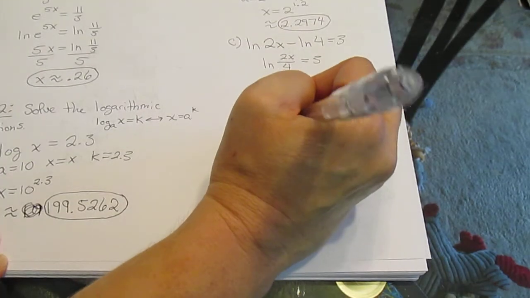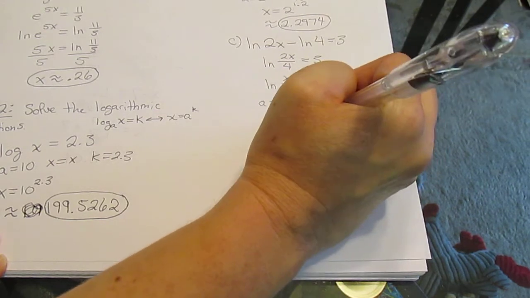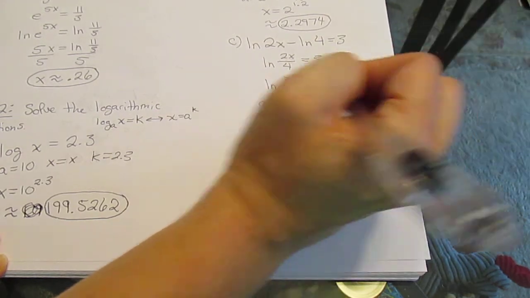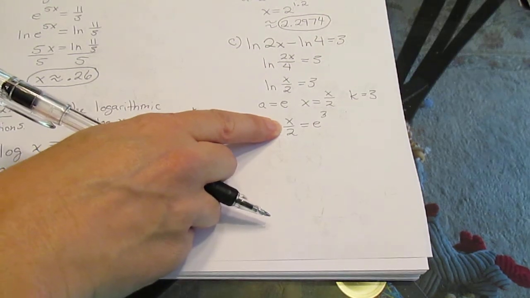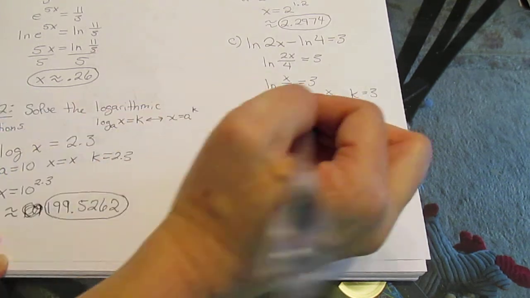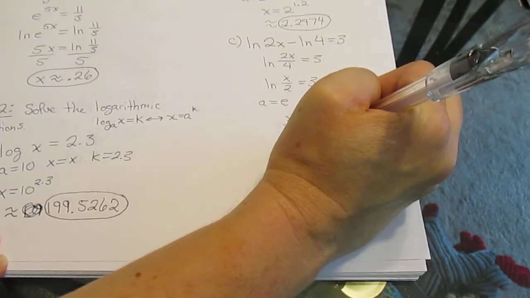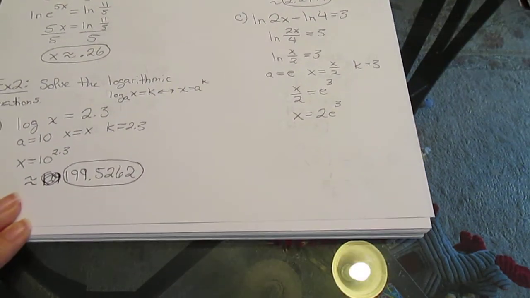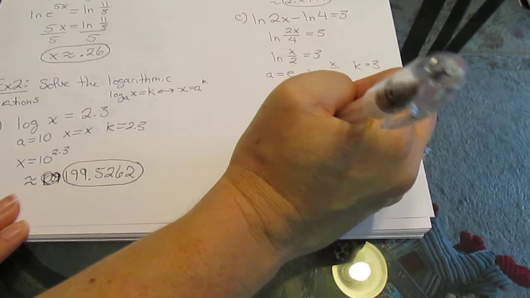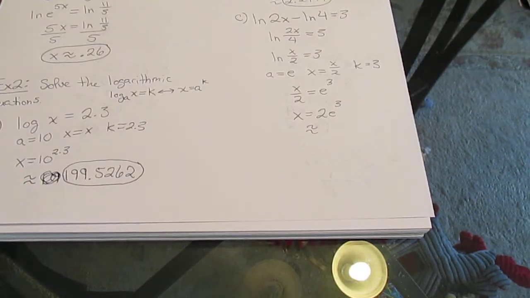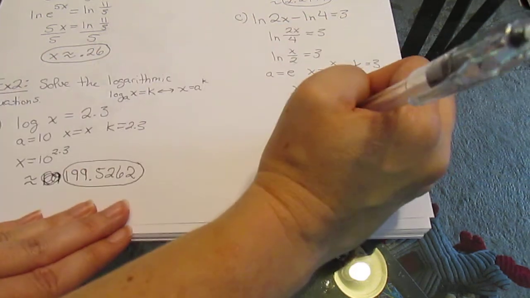So we get x over 2 equals e to the third power. And finally, to get x by itself, we need to multiply by 2. Okay, and again, put that in your calculator, get the decimal form, and let's see what I got. 40.17.